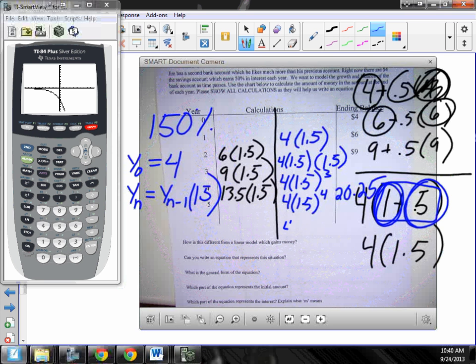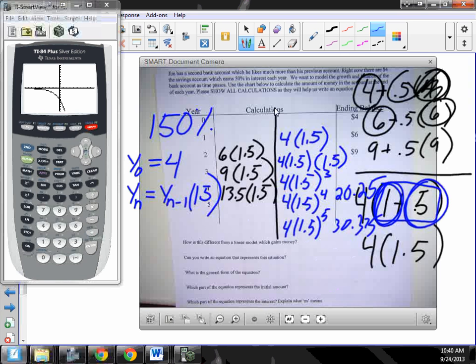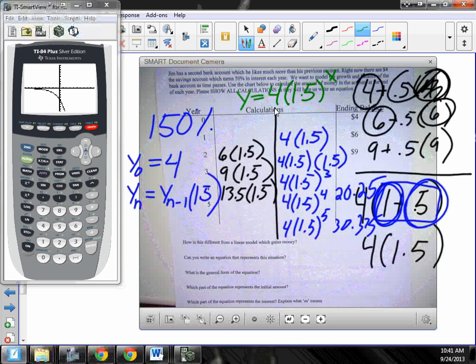And then 4 times 1.5 to the 5th is 30.375. Okay? So the explicit equation is y equals 4 times 1.5 to the x. So that's the answer to that.